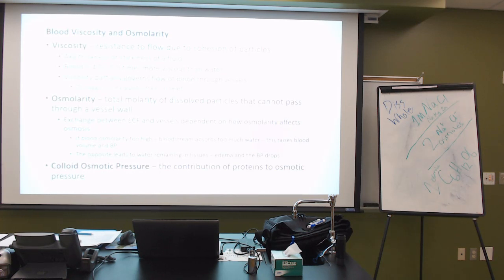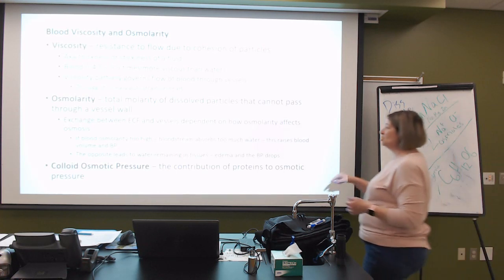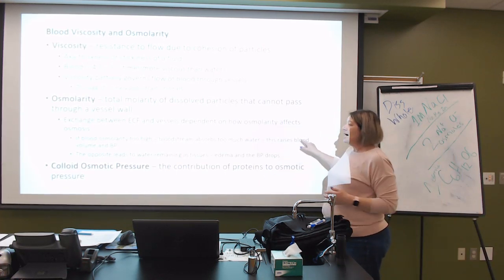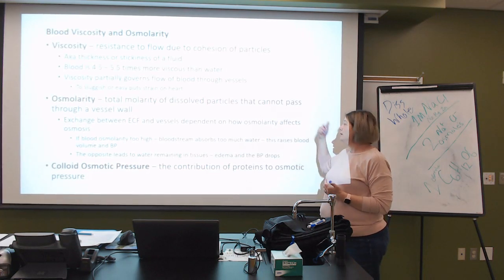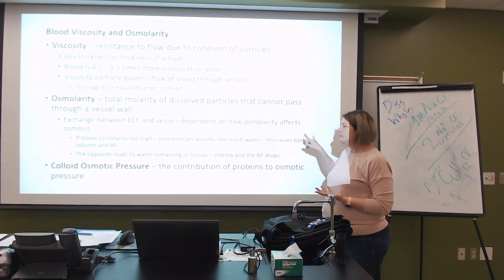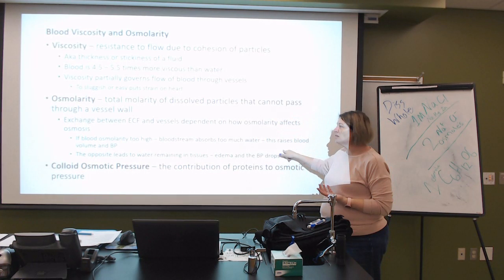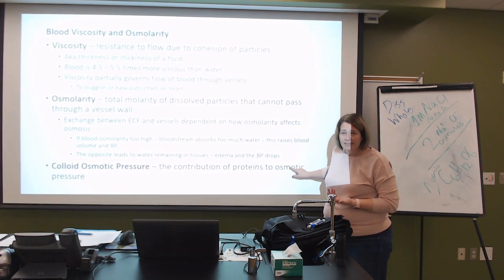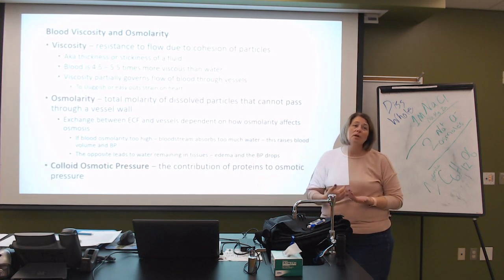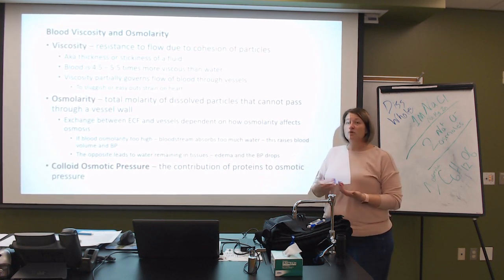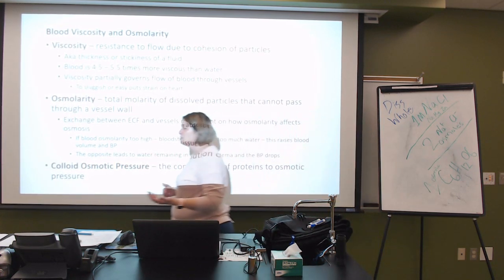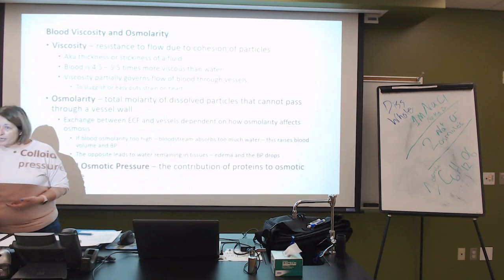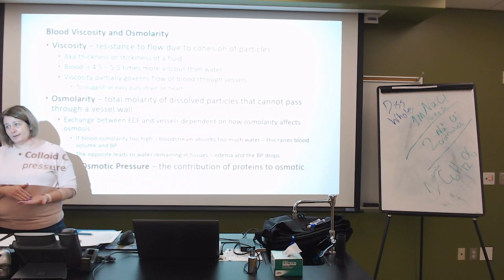If the osmolarity is too high, it will not only be affecting what will occur at the tissue level. Another thing that we're going to find with osmolarity is how it's going to affect our blood pressure, which of course is going to come into play on how much work that's going to be putting on the heart.